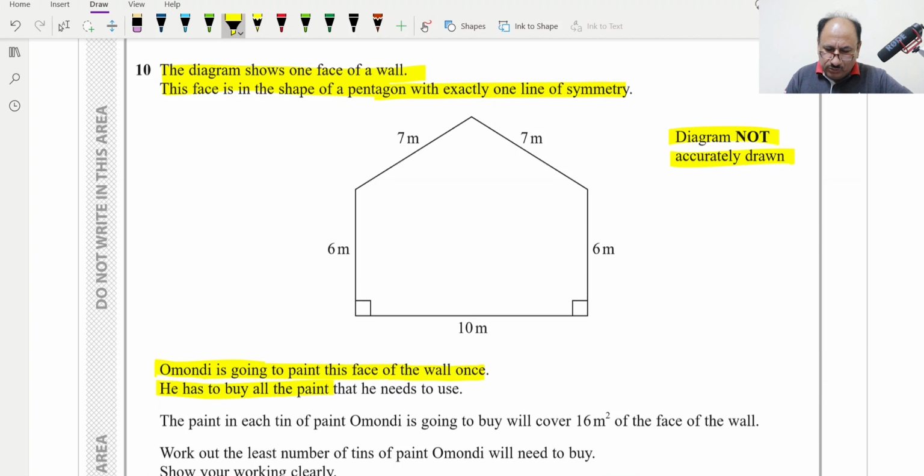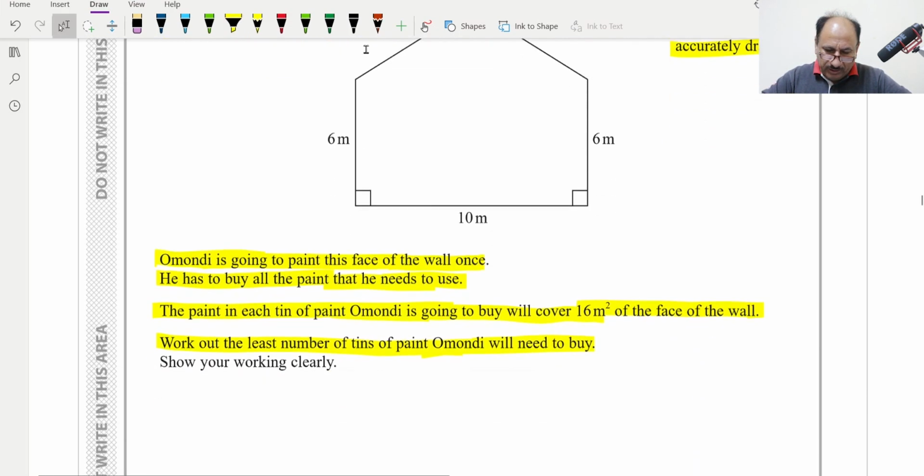Once he has to buy all the paints that he needs to use. The paint in each tin that Omondi is going to buy will cover 16 centimeters square of the face of the wall. Work out the least number of tins of paint Omondi will need to buy.